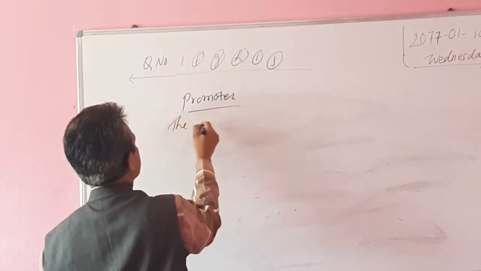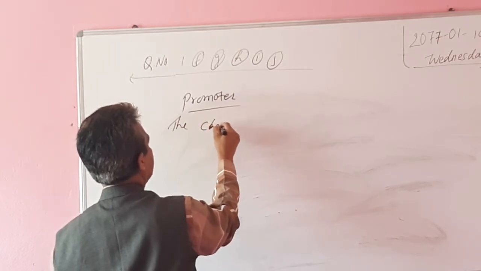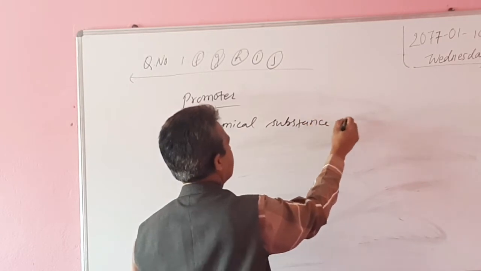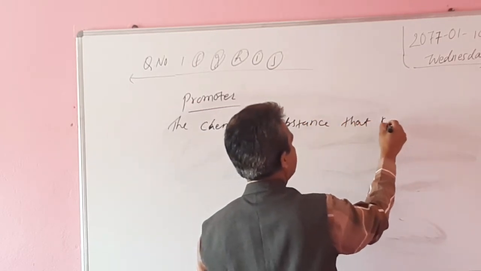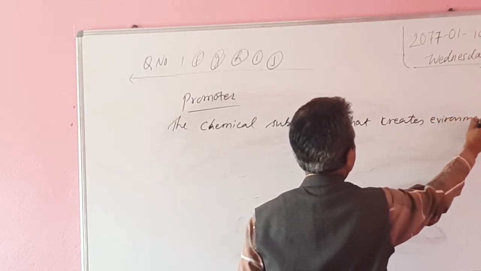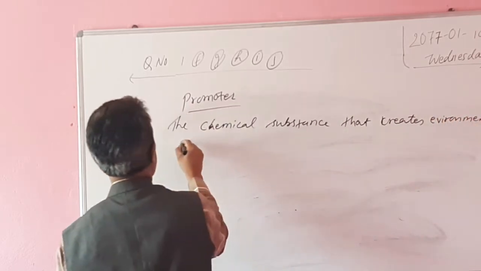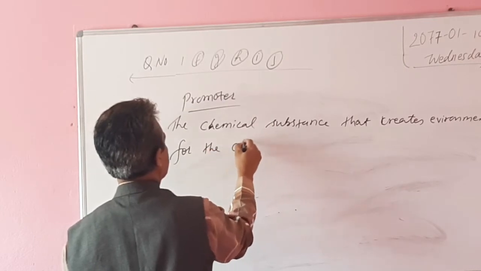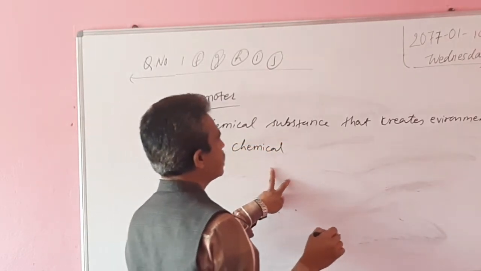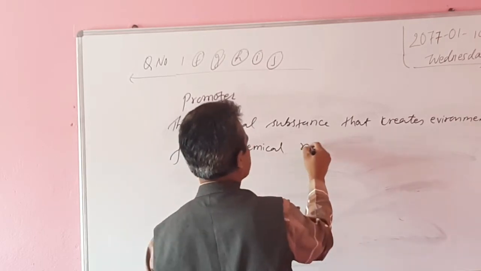So a promoter is the chemical substance that creates the environment for the chemical reaction.